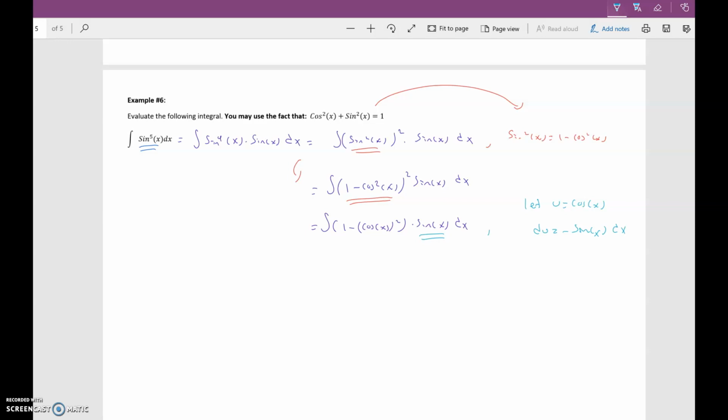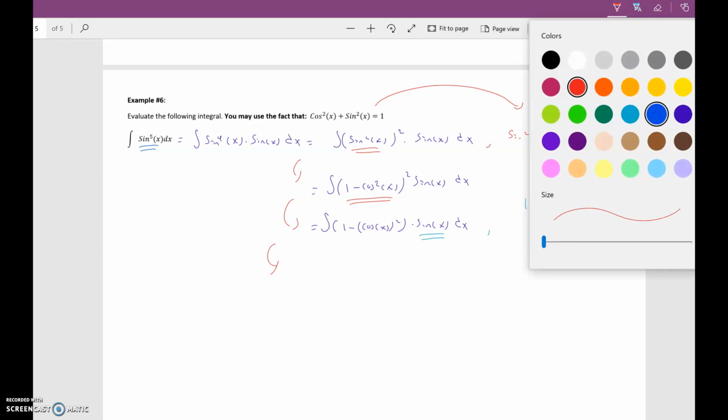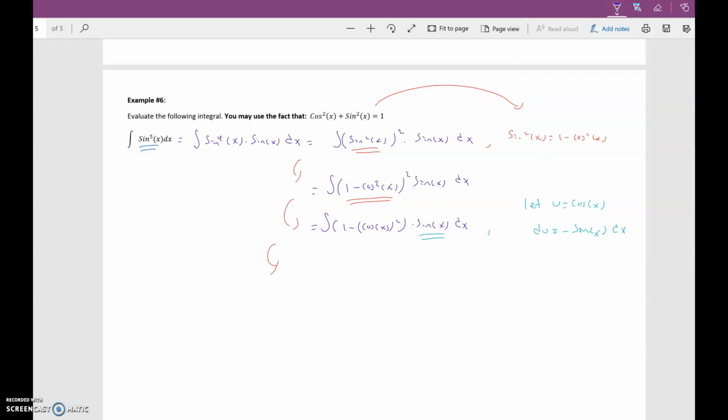Okay, so rewriting the problem, this is the integral of 1 minus u, and we still have the squared. Oh, I'm missing the squared here. Times the sine of x, and we're supposed to have du over negative sine of x is equal to dx.